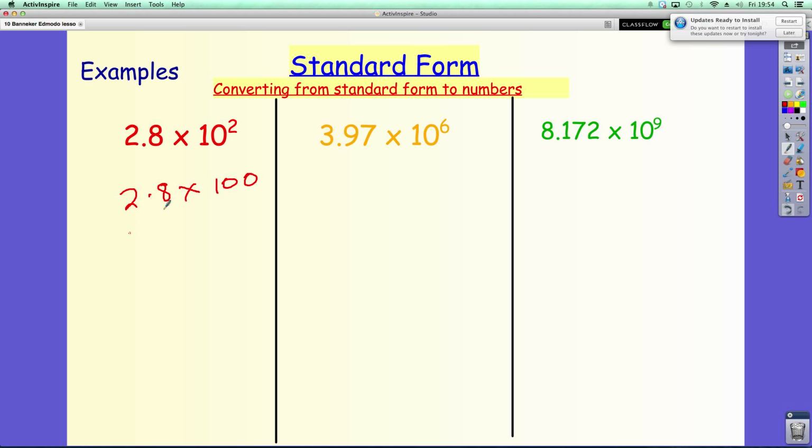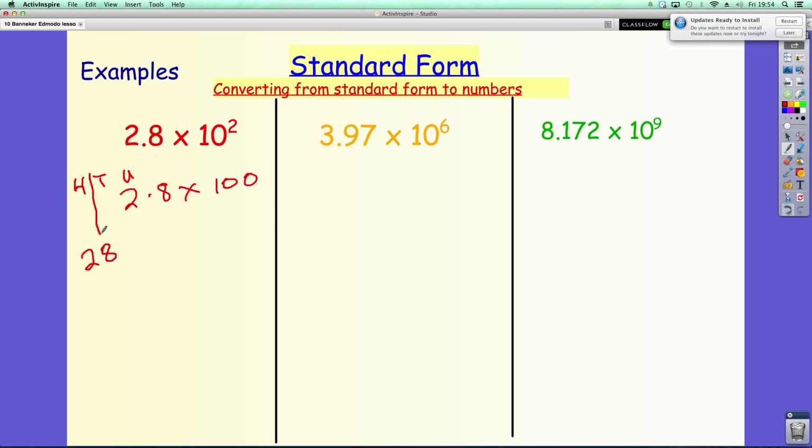And we know when we multiply by 100, we're moving the numbers two place values. So that 2.8 is now going to go from your units, if that was my units there, it's going to go to my tens, and then to my hundreds. The 8 is going to follow and end up in my tens column.